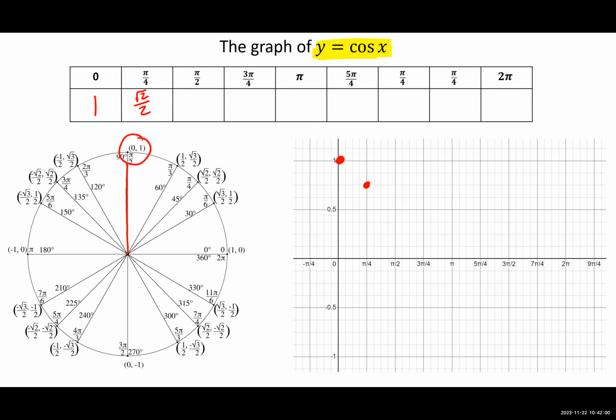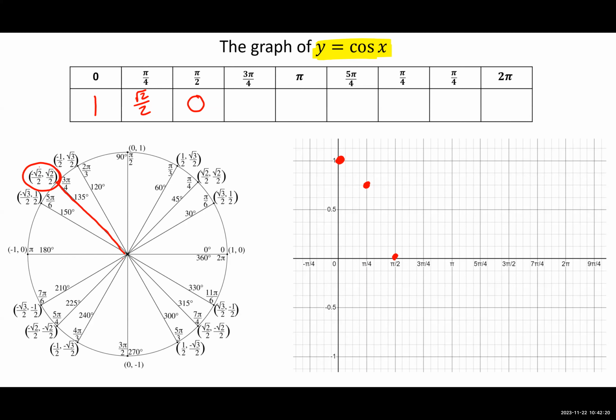Terminal point is (0, 1), so the x coordinate, or the cosine value, is 0. Next multiple, 3 pi over 4.